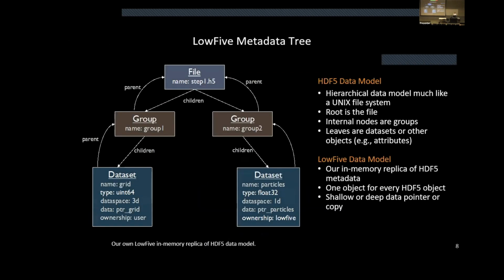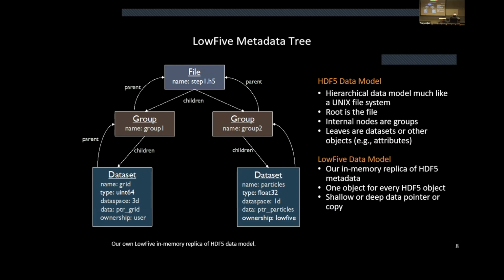And what we do in LowFive is we build up in memory our own version of your metadata tree, right? A tree in memory where we build objects for the file, for groups, for data sets, for attributes, for pretty much everything that HDF5 supports. And then we access these objects when it comes time to send data from producer to consumer rank.